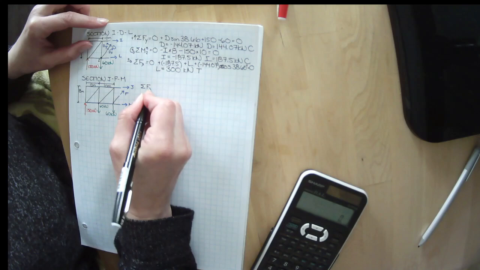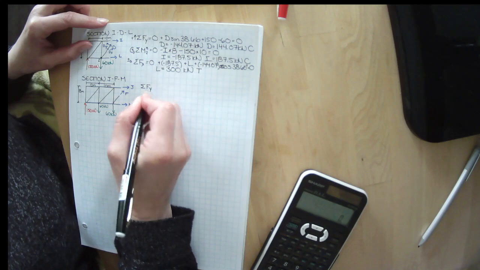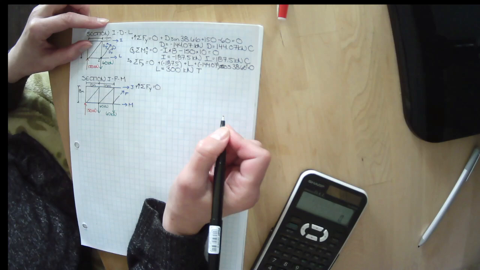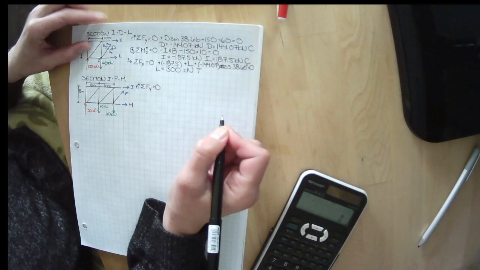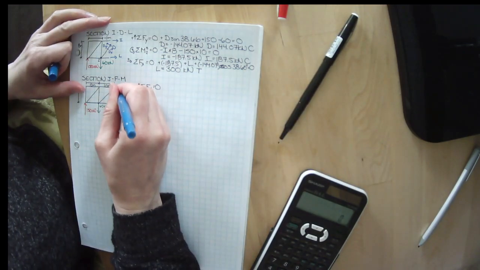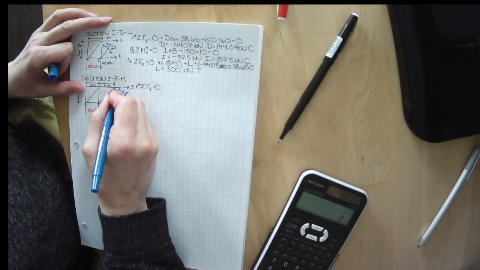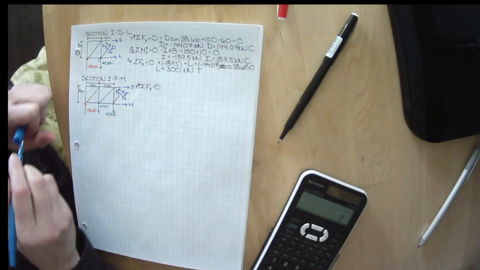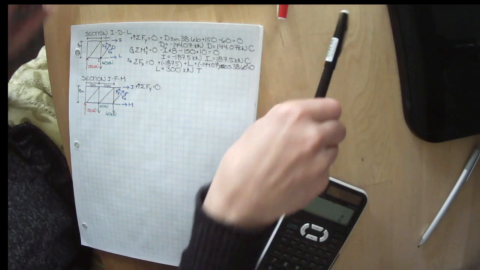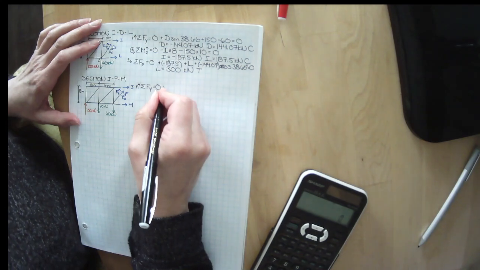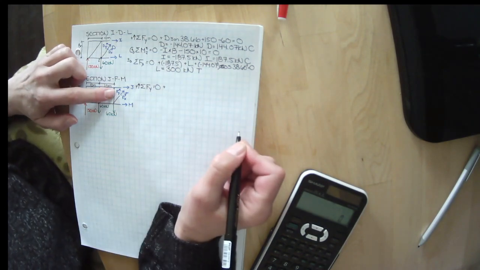And now I'm going to go through the same exercise. I am going to sum the forces in the y direction, assuming everything upwards is positive. Upwards, I have Fy and Fx. Sorry, I have Fy going upwards. So I have positive Fy.